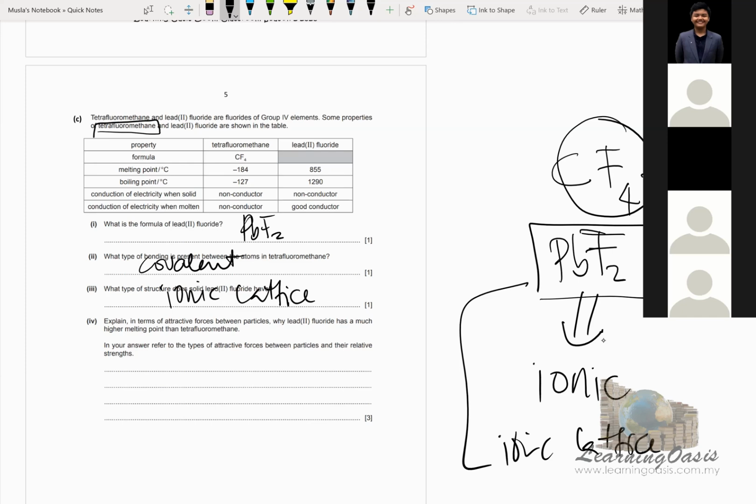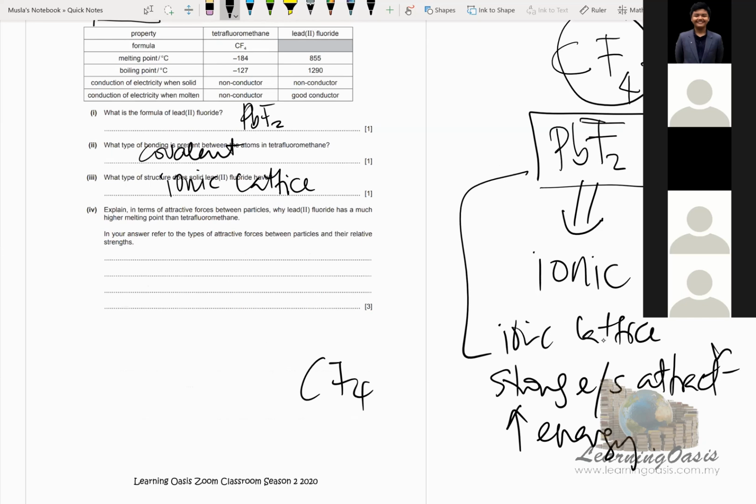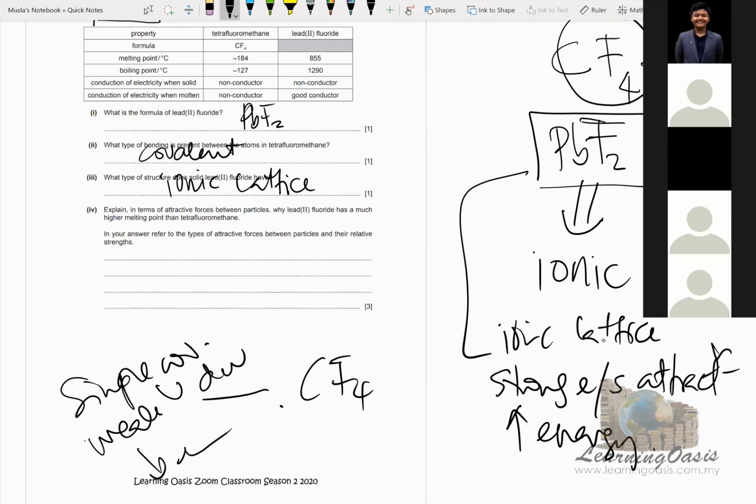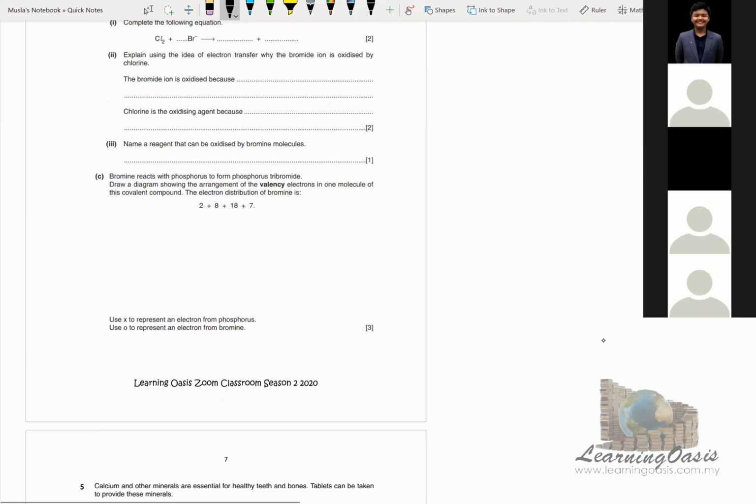So you're talking about what? Strong electrostatic force, strong attraction, which requires a large amount of energy to overcome the bond. While when you talk about CF4, it is a simple covalent molecule, so less energy, with weak van der Waals force. Get it? Yeah. Okay. Do you think you can finish all? Yes. Would you like to finish all?